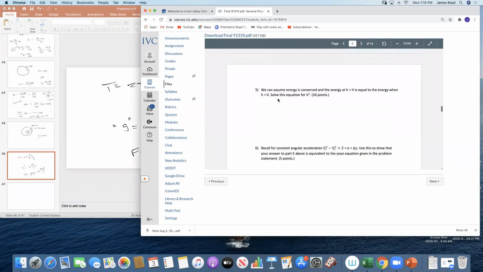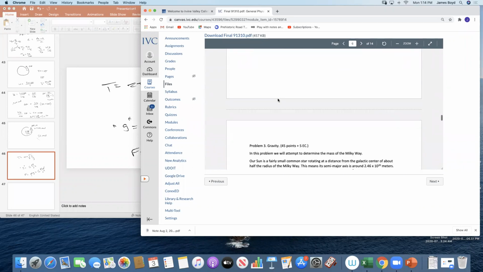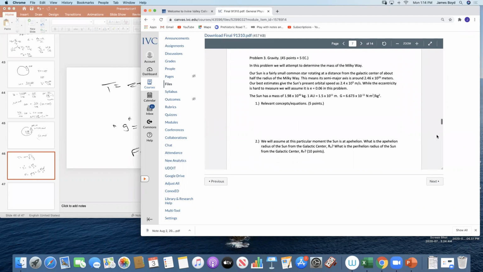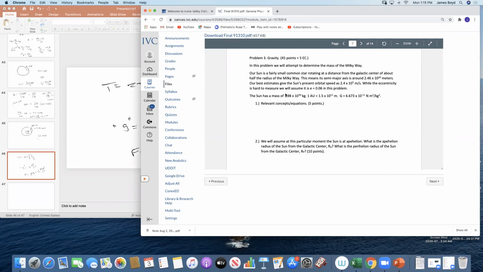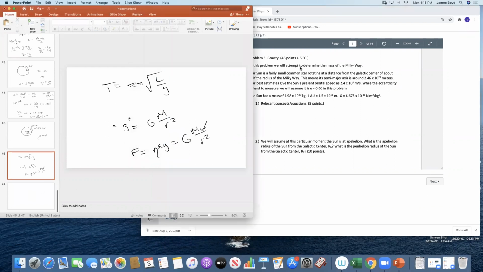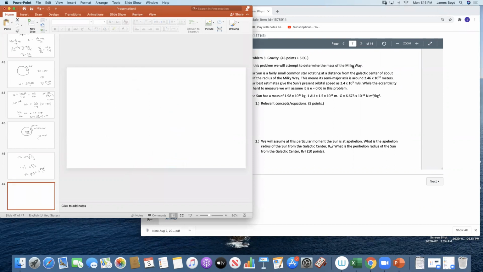So for question 3, in this one, we're trying to find the semi-major axis and a few other things for the Milky Way. You need to know that the sun is actually traveling around the center of the Milky Way. And we want to find the mass of the Milky Way, of our galaxy, from this.